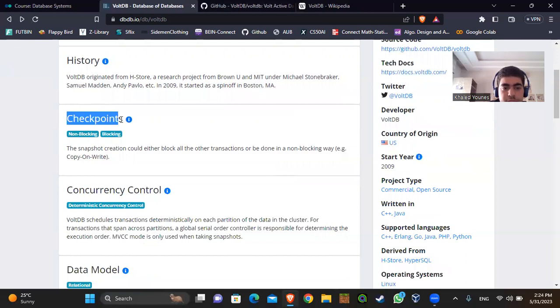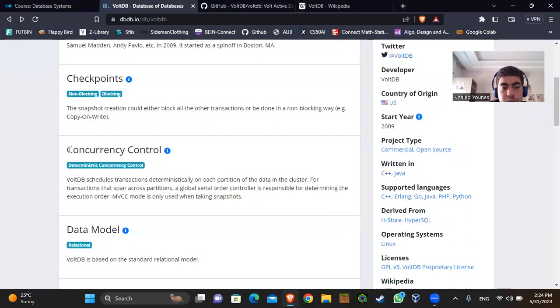This is not really important. Concurrency control. VoltDB schedules transactions deterministically on each partition of the data in the cluster. So what does this mean? When you have transactions on your cluster, VoltDB partitions the transactions because it uses sharding, as earlier mentioned, and it schedules the transactions in order.